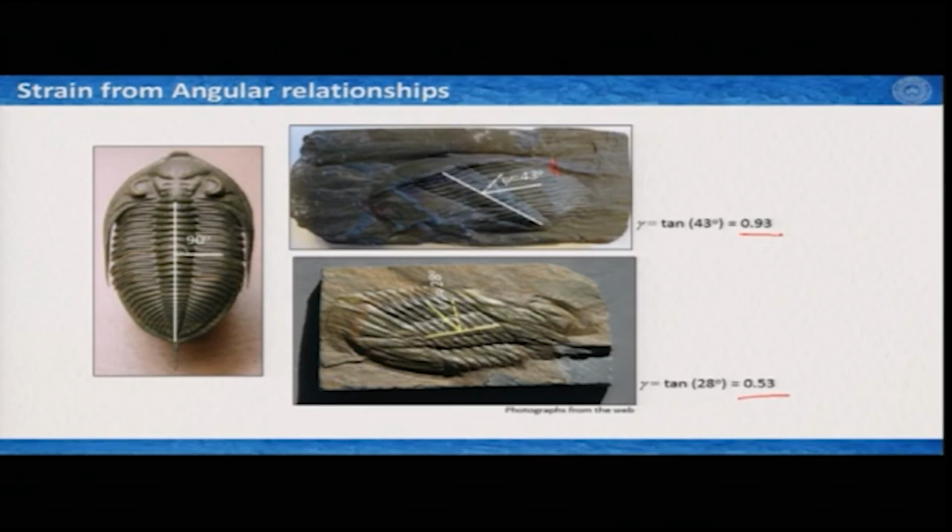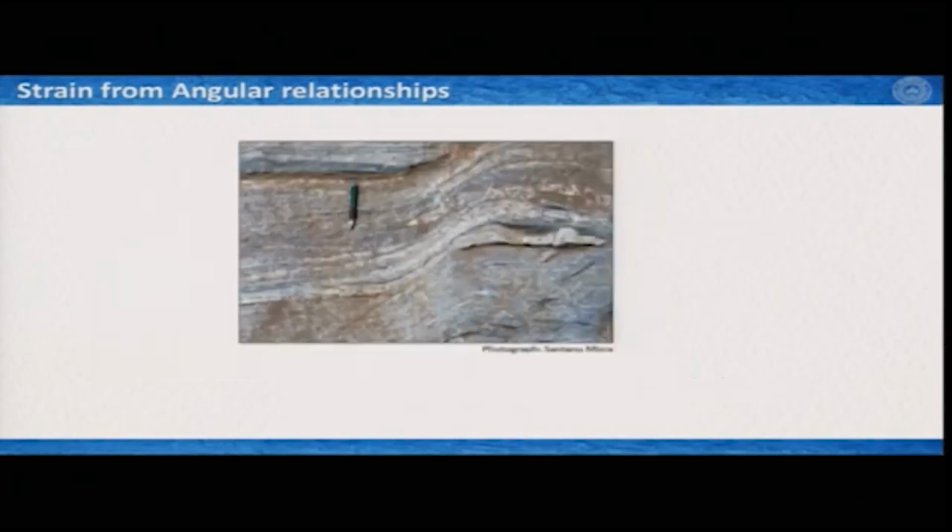We can do a similar strain analysis from a very simple shear zone. So, what we see here in this photograph is that this layer which was supposed to be like this, now got deflected this way. So this angular deflection is essentially due to some sort of shearing.